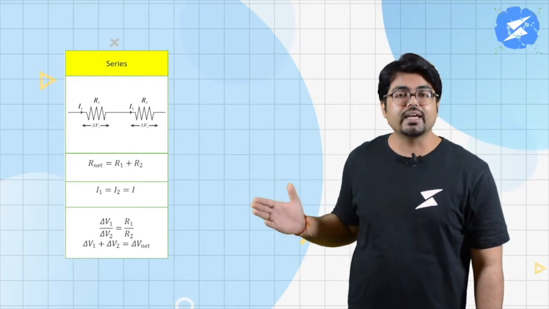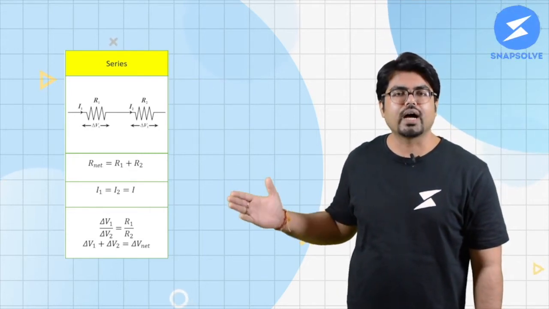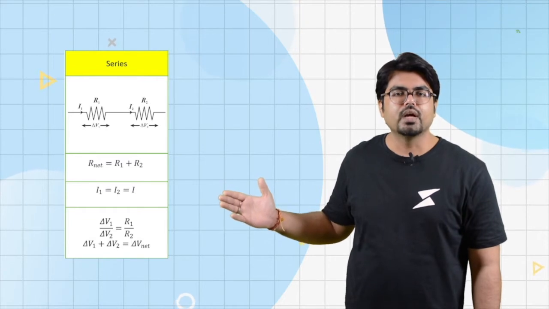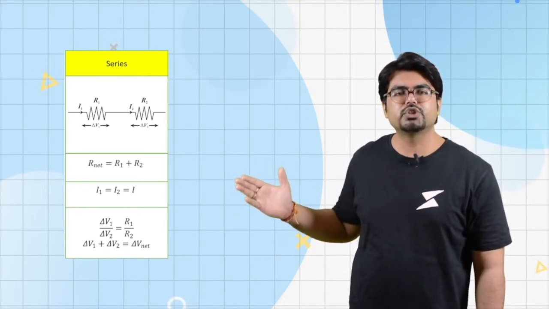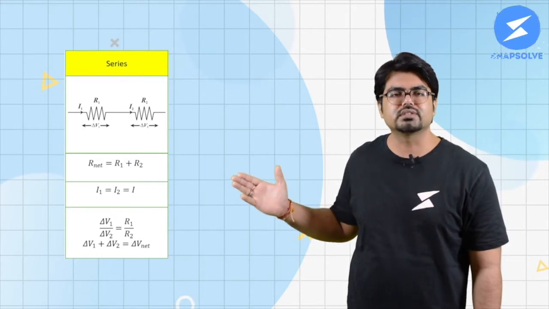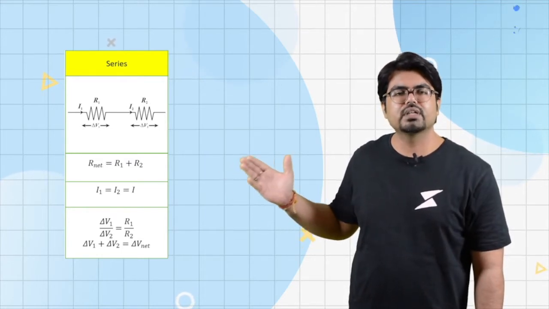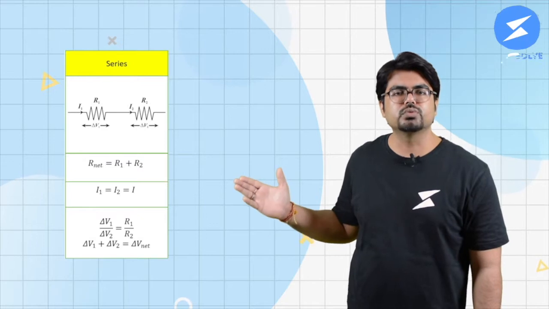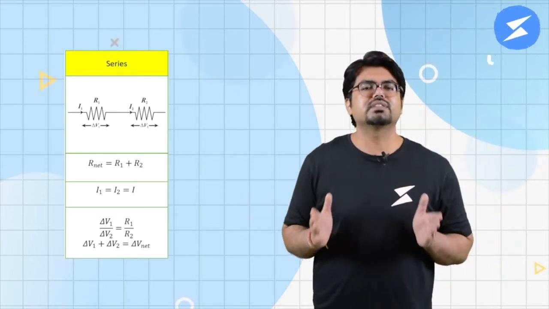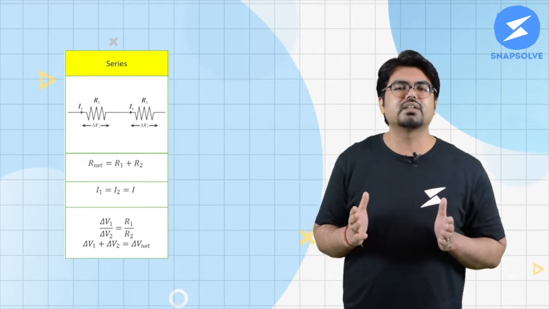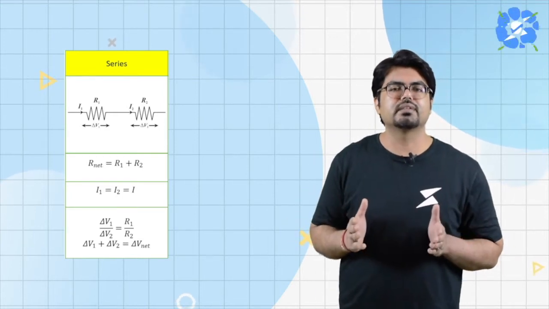The current is the same, that is I1 equals I2 equals I. And the potential difference across the two resistors is divided in a ratio proportional to the resistance, that is delta V1 upon delta V2 equals R1 by R2. The total potential difference is delta V1 plus delta V2 equals delta V net.